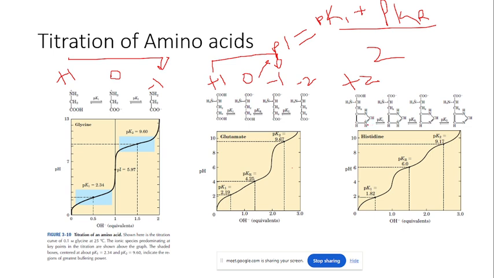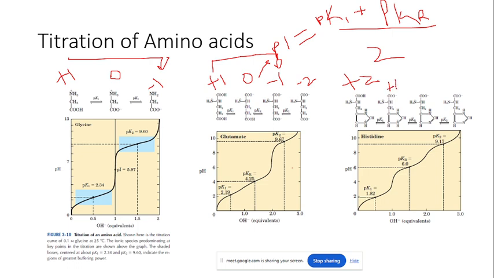So this hydrogen is acidic hydrogen. In the first step, when we keep adding base, this hydrogen will be removed, right? So now COOH becomes COO minus, so the charge is minus 1 plus 1, so plus 1.